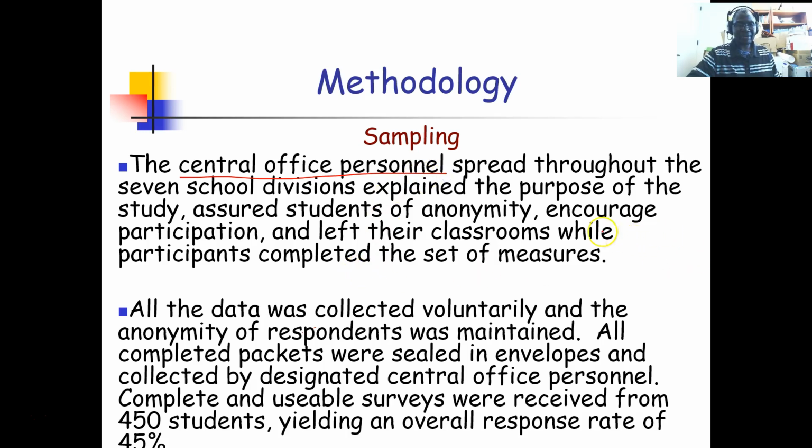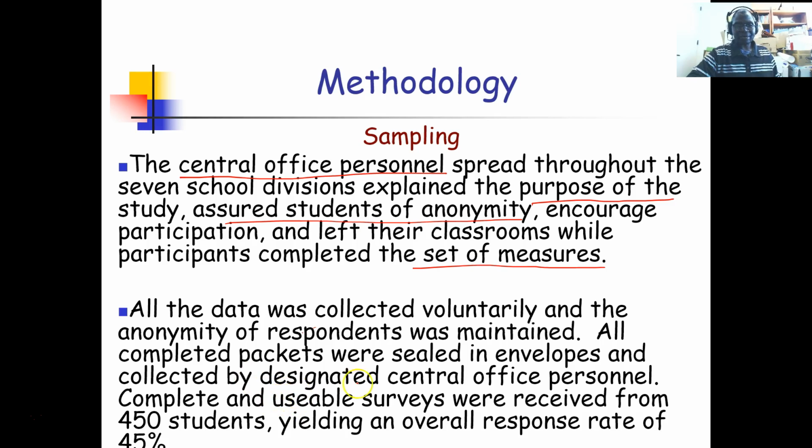They first explained the purpose of the study. They assured students of anonymity and then encouraged participation, and they left the classrooms while participants completed the set of measures. All the data was collected and participants were assured anonymity of responses.